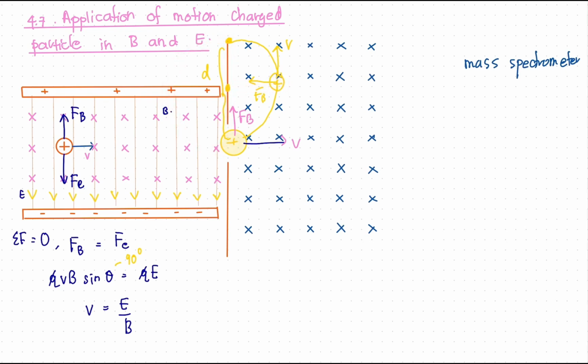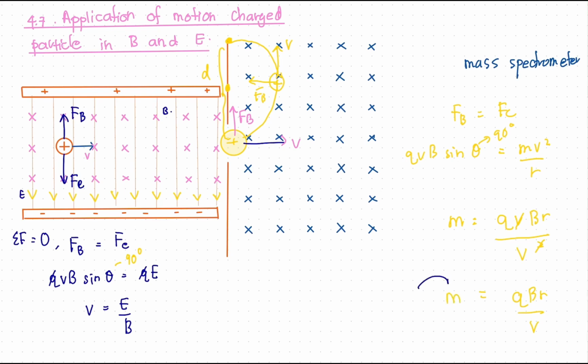From that, we say FB equals FC. FB is QVB sin theta, and FC is MV squared over radius. Theta is 90 degrees because it is the angle between velocity and magnetic field. Now we want the mass, so m equals QVBR over V squared. We cancel V, so QBR over V will be the mass.